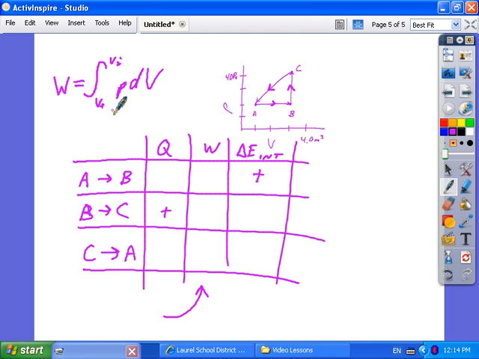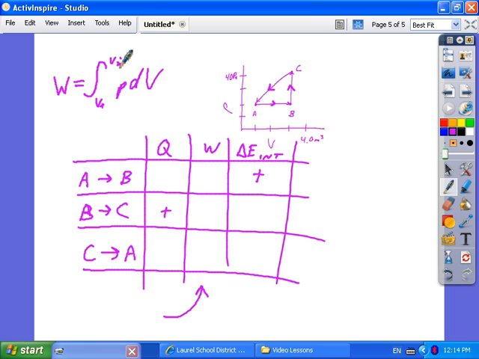But what we can do is just look at the general trends here and see if we can figure out if this is going to be a positive work, a negative work, or zero work. Alright, so let's look at the situation from A to B first. From A to B, we're going from a lower volume to a higher volume.